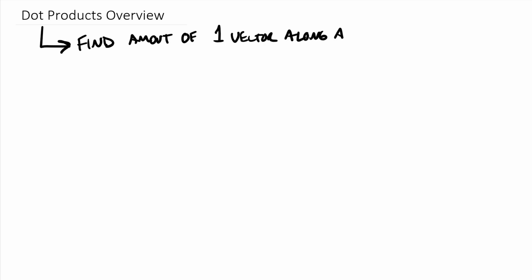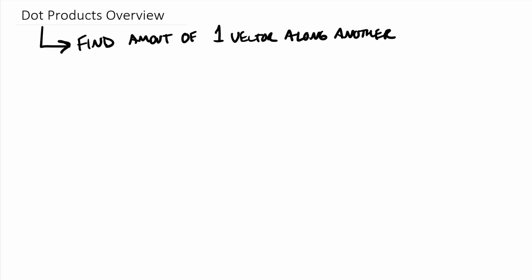Okay, so dot products, let me write that out here: find amount of one vector along another. Okay, so along another is also saying parallel to another vector.